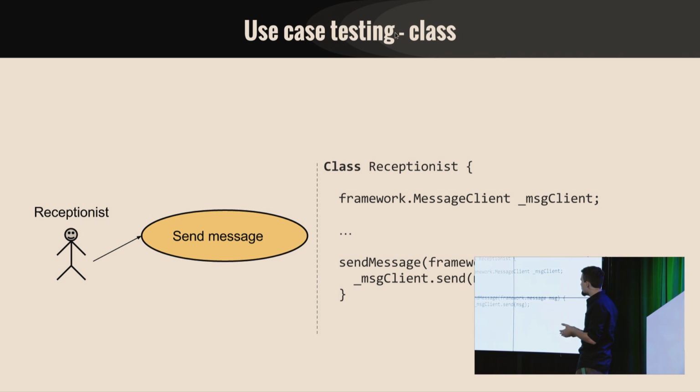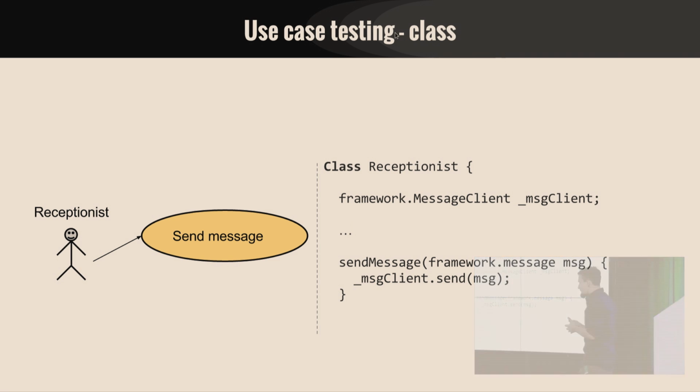It would look sort of like this. So this capability for a receptionist user is send a message. This is a type from the framework, and this is a client from the framework. All type safe, and it's a realized capability.